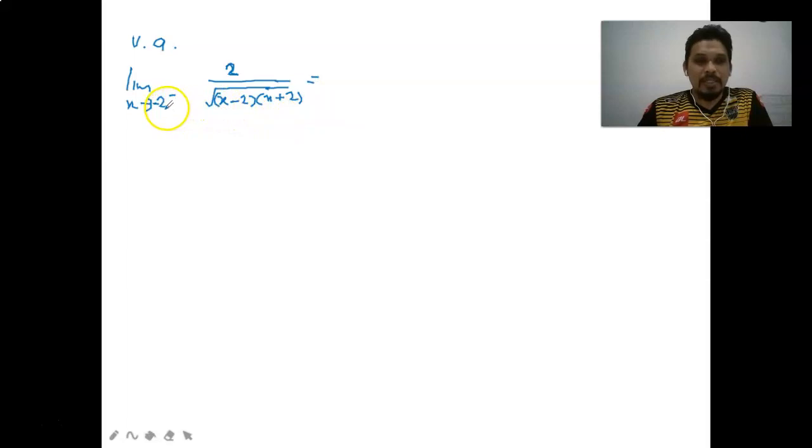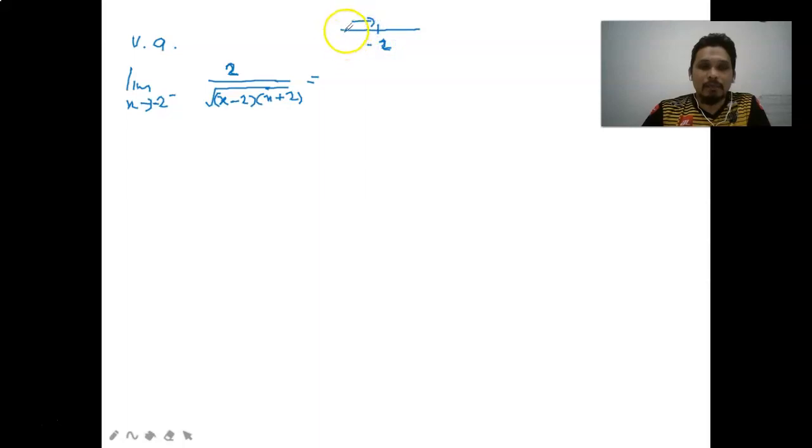Negative 2 from the left, just imagine negative 4, negative 3, negative 2.5, negative 2.2, negative 2.1. Negative 2.1 minus 2 is negative, and negative 2.1 plus 2 is negative. Negative multiplied by negative equals positive. The square root of a positive is a positive value, then 2 divided by a positive approaching zero equals positive infinity.